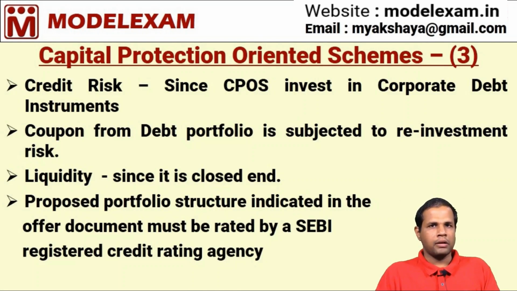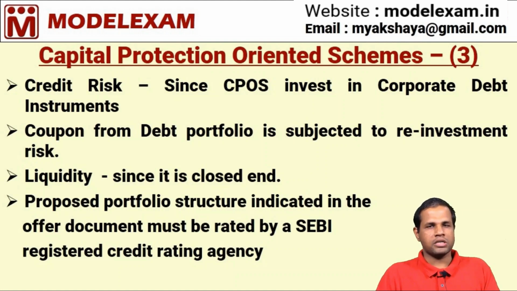And also, the coupon which the fund manager receives from the debt portfolio is subjected to reinvestment risk. So what is reinvestment risk? The fund manager might have invested in higher coupon paying bonds. Over a period of time, the market interest rates might have come down. In such a scenario, the coupons when reinvested will fetch a lesser yield.